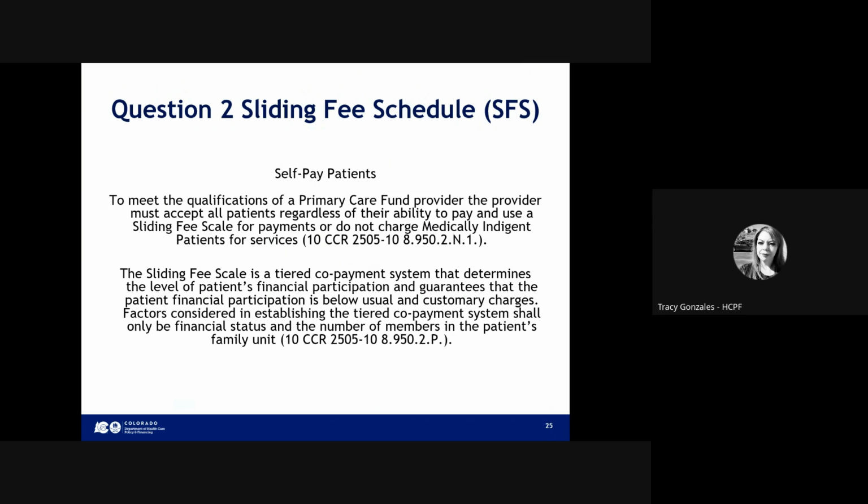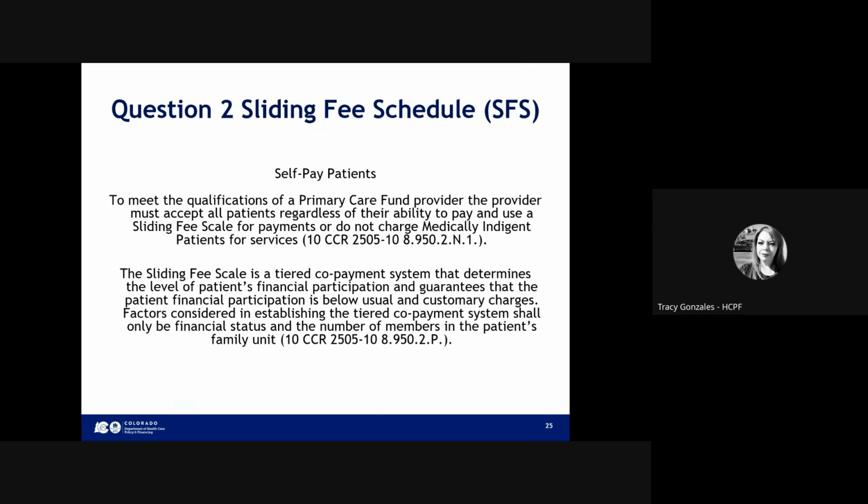Moving on to the sliding fee scales. To meet the qualification of a primary care fund provider, the provider must accept all patients regardless of their ability to pay and use the sliding fee scale for payments, or not charge the low-income uninsured patients for services at all.